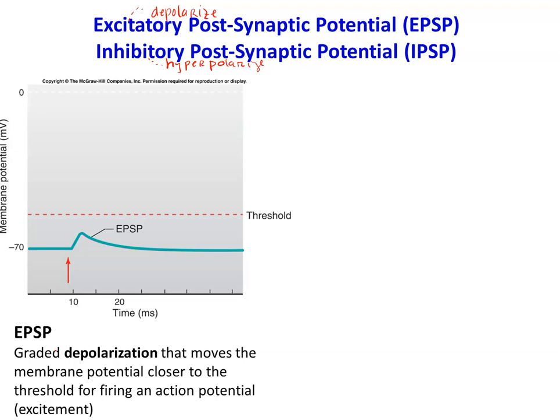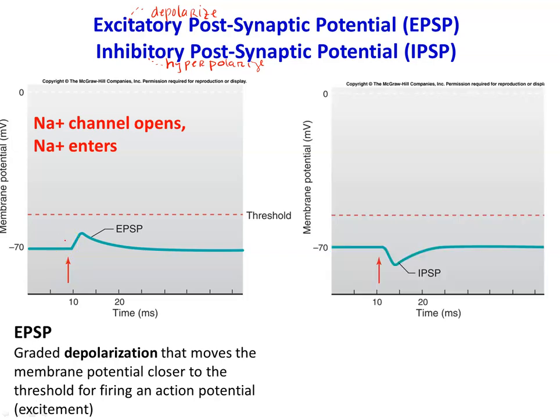All right, now, how do I get EPSP signals? Usually, if I open up a sodium channel, sodium can come into a cell. That is the main way. There's calcium, there's other ways, but sodium is the main player. Now, if we're going to talk about EPSPs, we're going to talk about IPSPs. So look, my cell is at resting potential. I get a signal, and what is a signal?